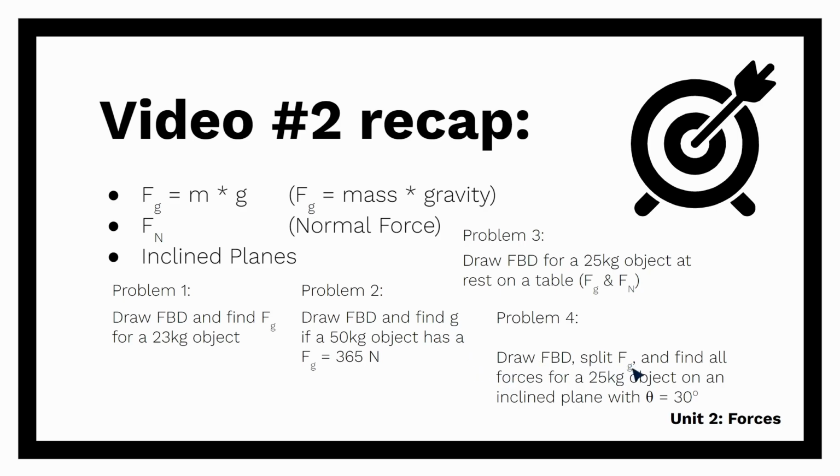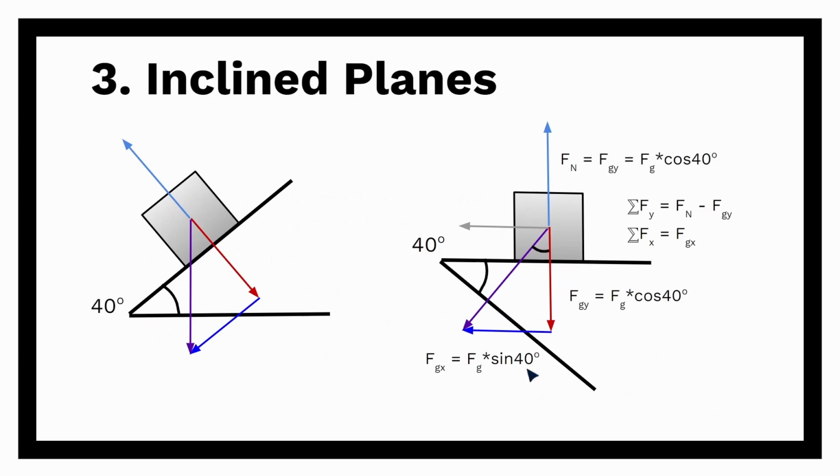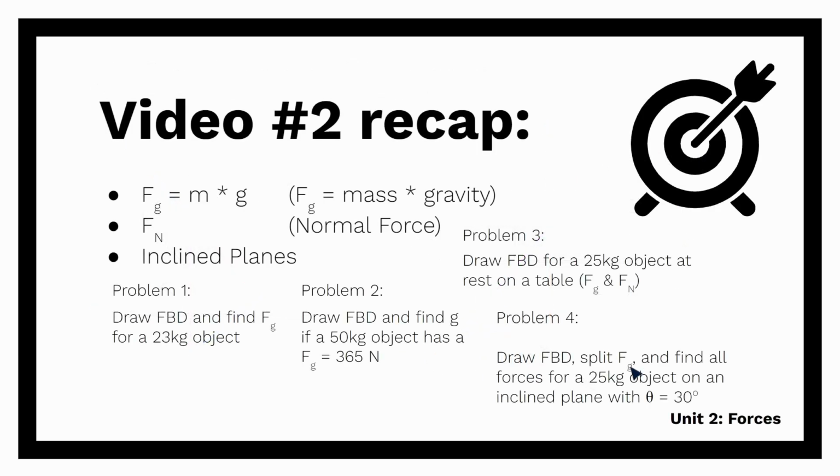We're going to split the force of gravity and then find all the forces, and that's just the same thing as this. So don't get caught up in the language. I just kind of slapped this together. But 25 kilogram object, so you can use the same force of gravity as you found in number 3, but it's on an inclined plane with 30 degrees. So I'll let you pause, work on those for a minute, and then I'll put up my solutions.